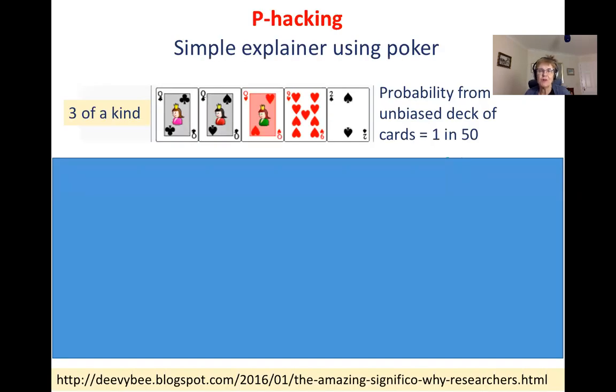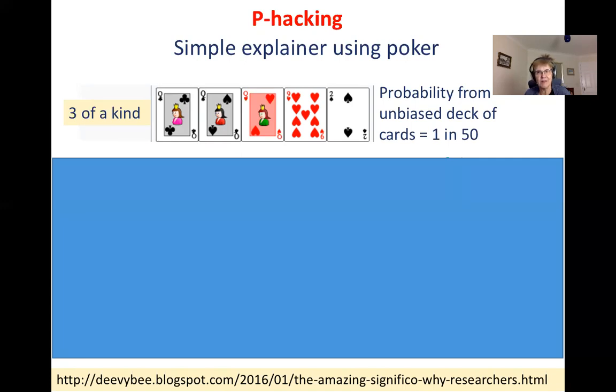It isn't, because what is going on here is p-hacking. And I'm going to try, first of all, to just give you a more conceptual explanation of it, but then I'm going to suggest that we look at this using simulation, because I think that gives you a much firmer grasp of what the problem is. But the conceptual explanation, you can use poker. Games of chance were very much how probability was first investigated.